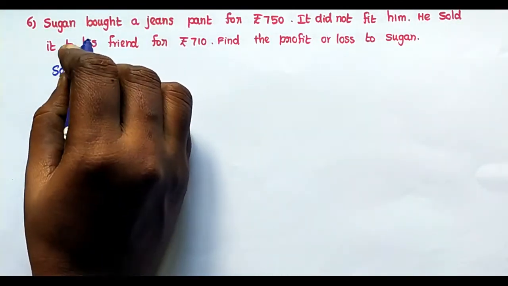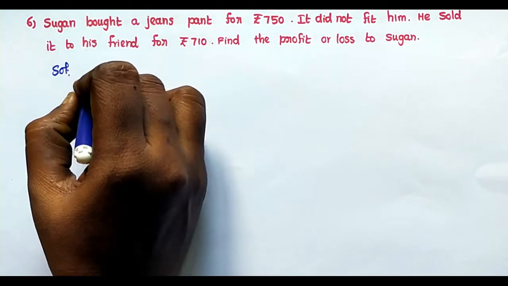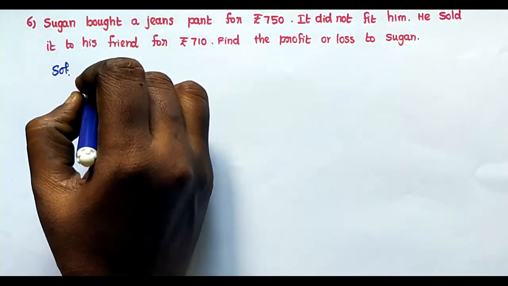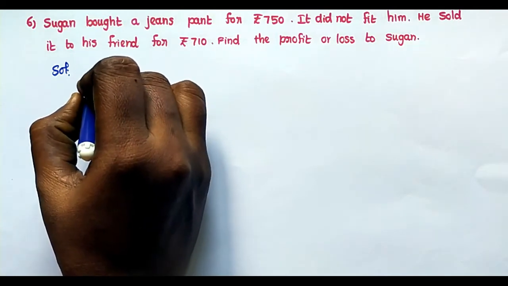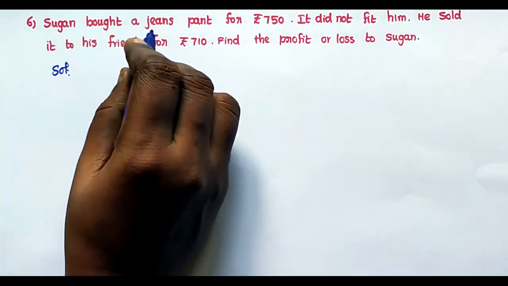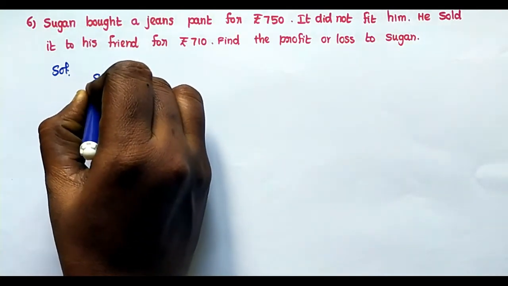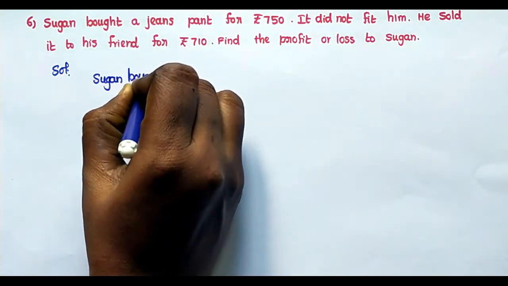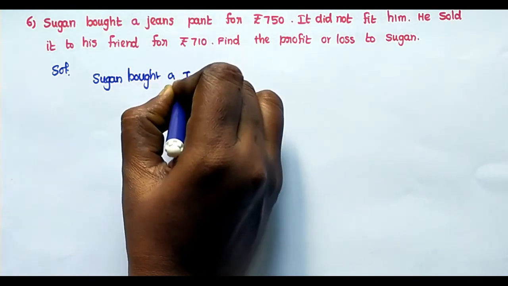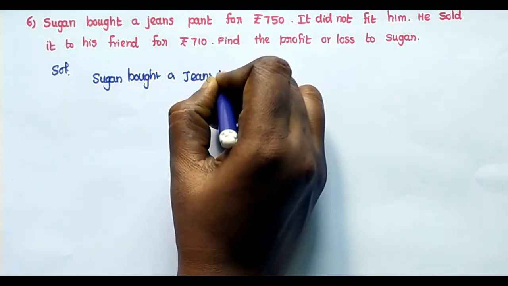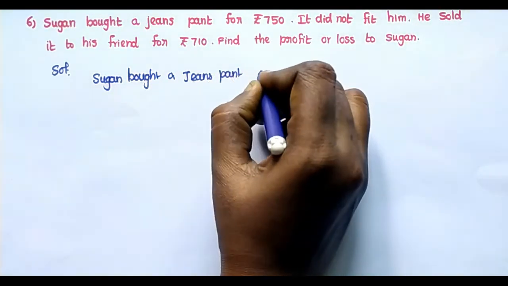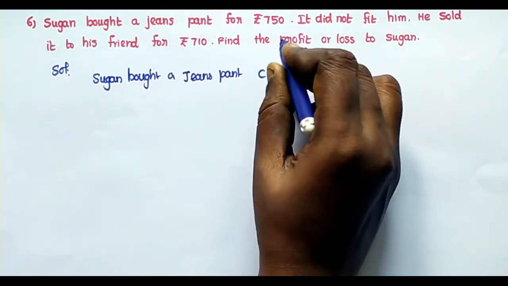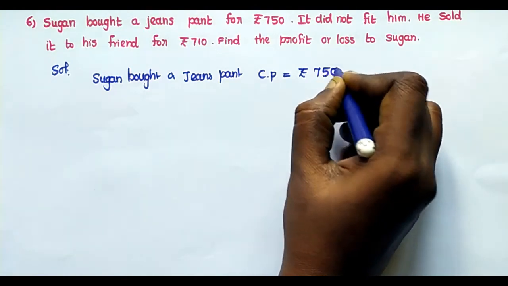Listen, Sugan bought a jeans pant. So that is cost price equal to how much? 750 rupees.